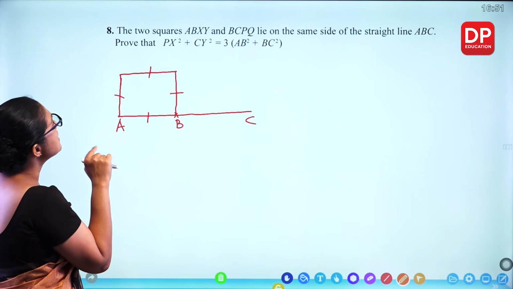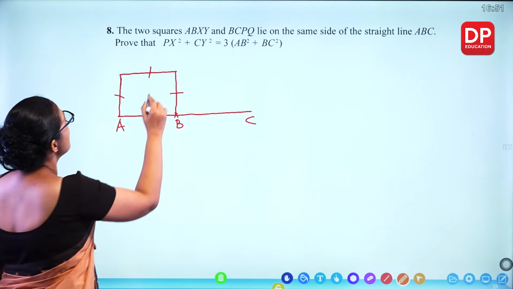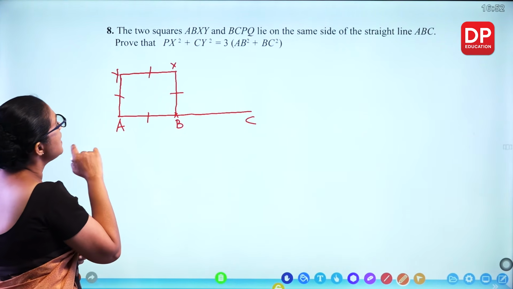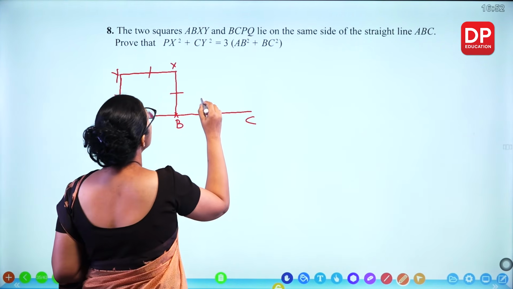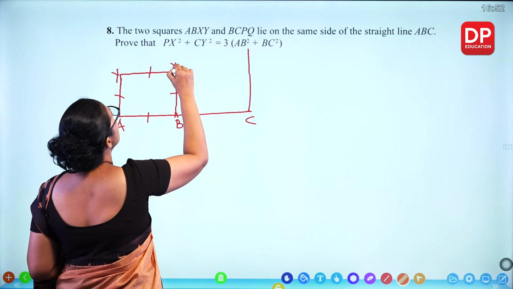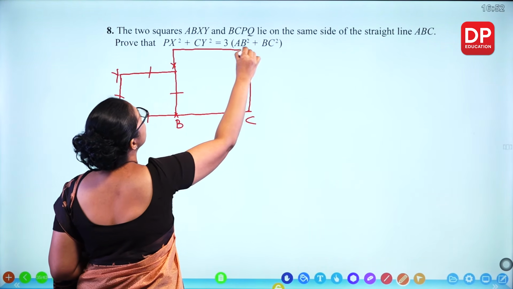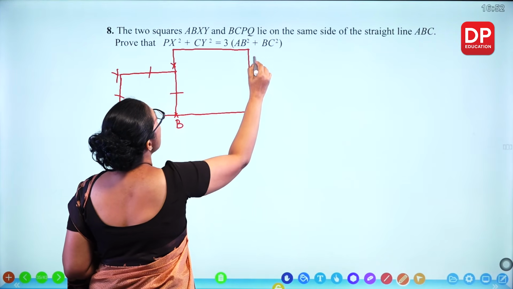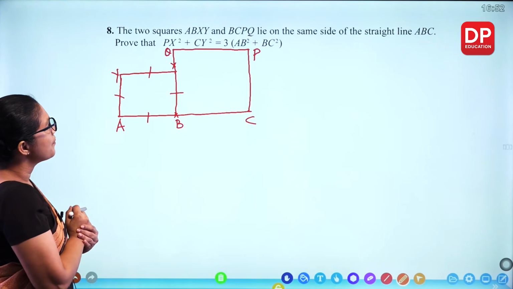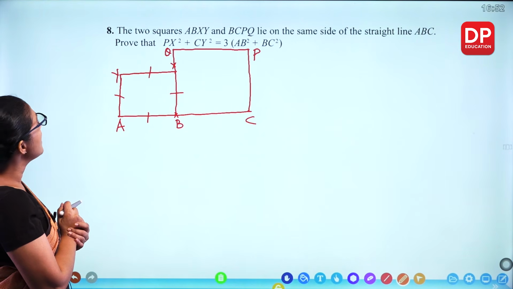And BCPQ is also another square. BCPQ, another square. Lie on the same side of the straight line ABC.